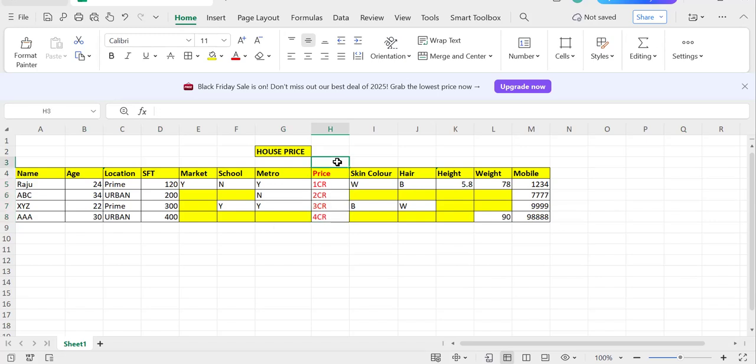So here we can say house price is the dependent variable. If I'm writing it as y, it means the house price depends on these, so y is the dependent variable.